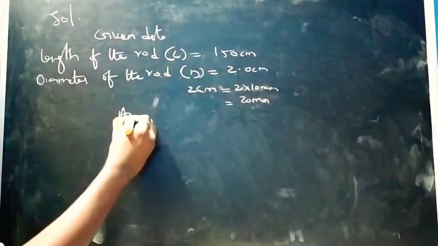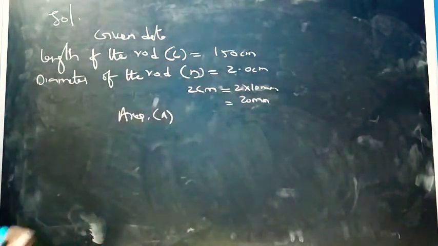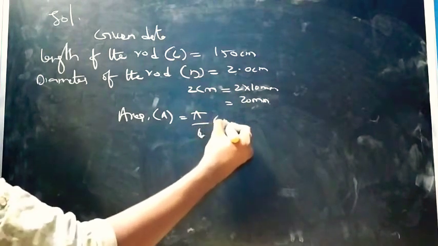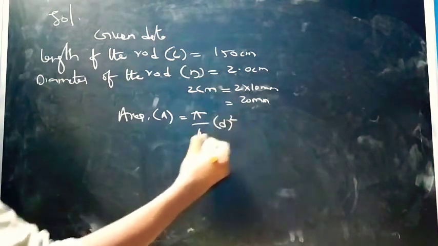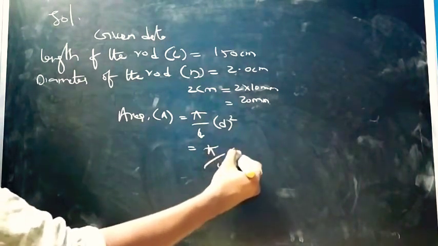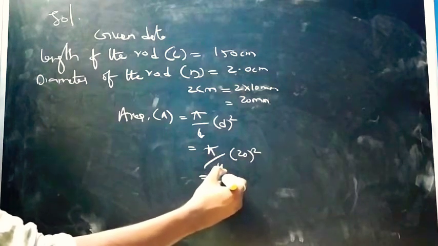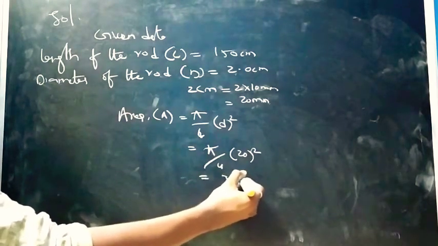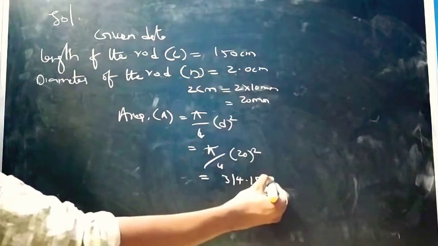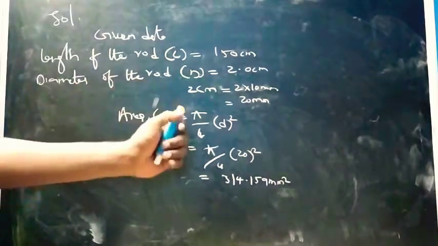Area. We know that the area of a circular section is pi by 4 d square. So what is d here? d is 20. We get 314.159 mm square, right?